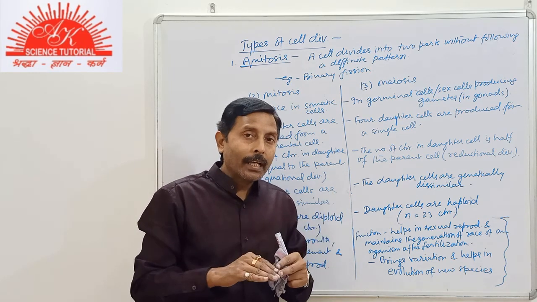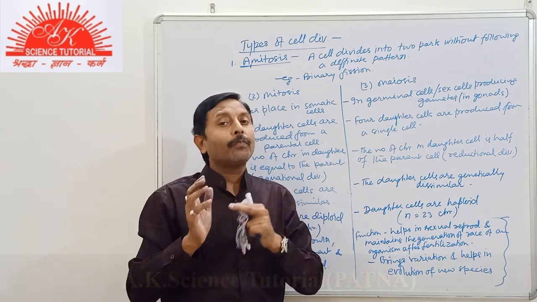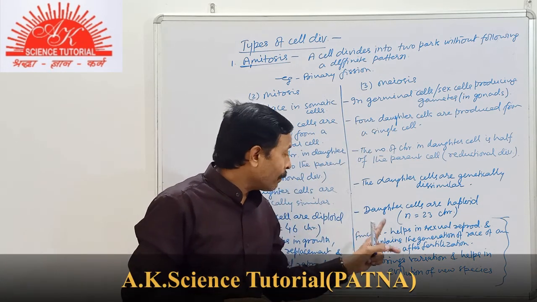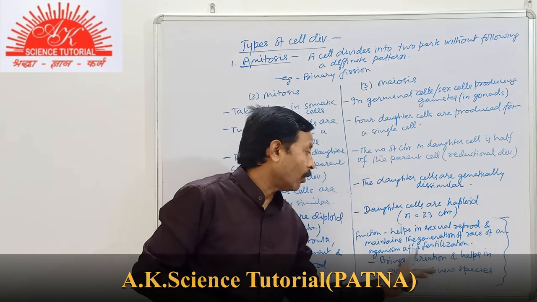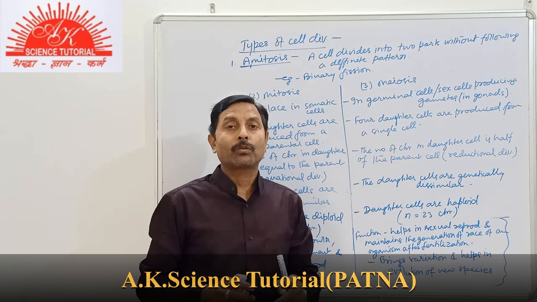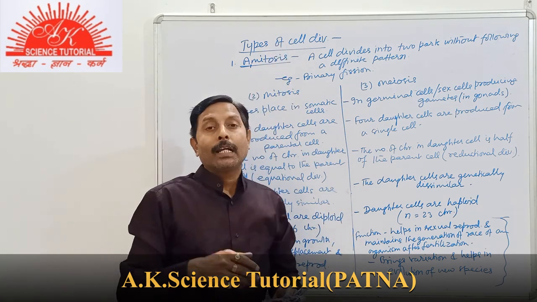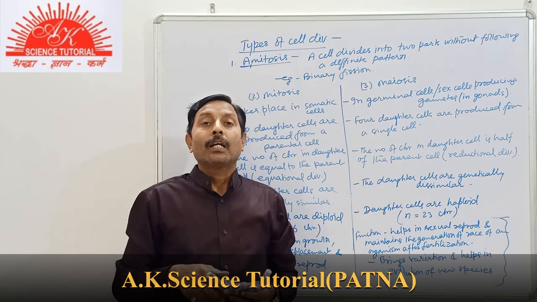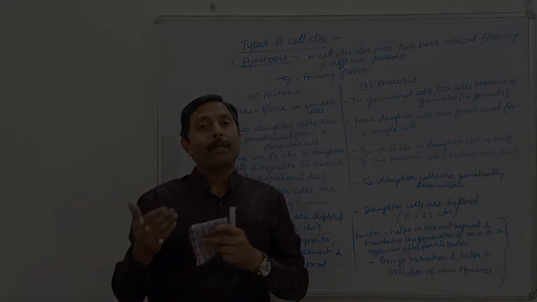So after fertilization, it again restores the original number of chromosomes. That helps in maintaining the generation of race of an organism. So students, you have studied here about the types of cell division. In the next part, we will study the cell division of mitosis and meiosis as a separate unit.